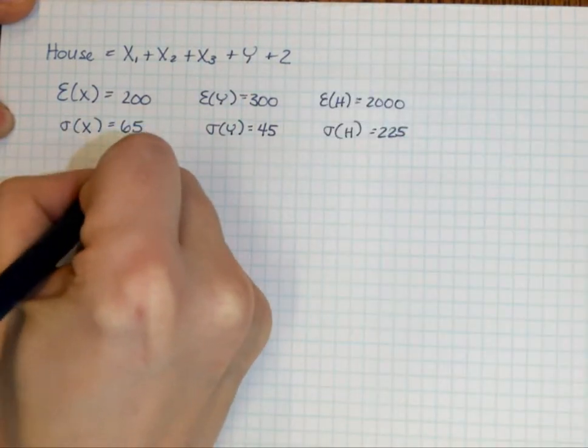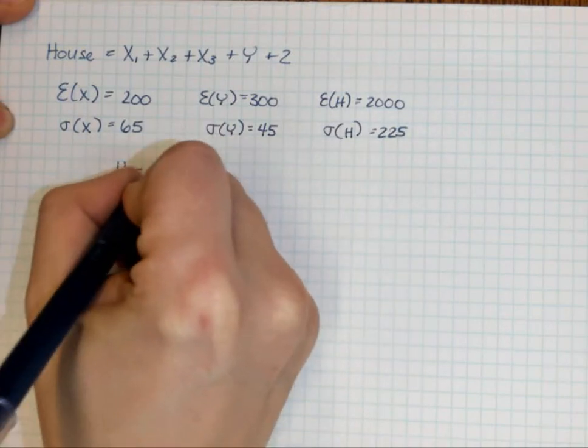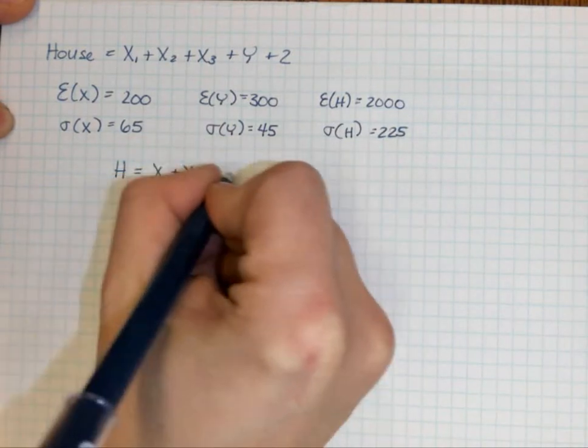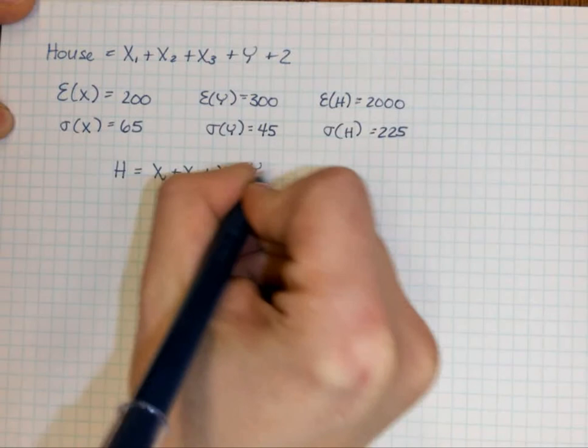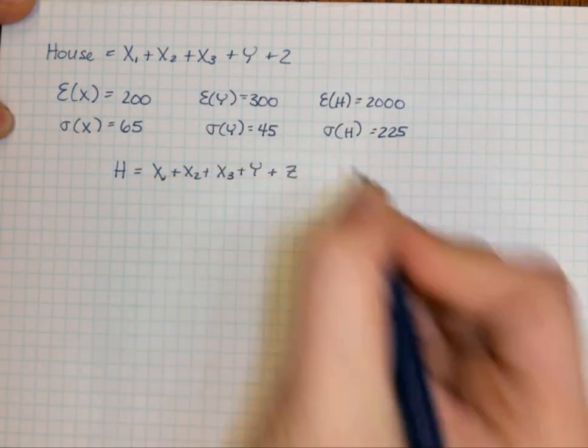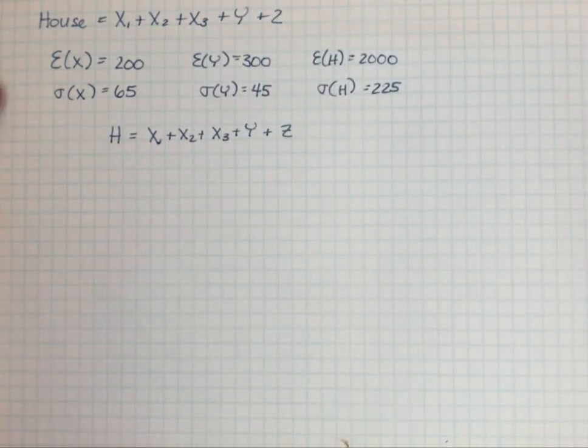And we're saying the house is made up of the 3 bedrooms, kitchen, and whatever else is there. We were able to do the expected value for that pretty easy. There's no tricks with expected value. You just kind of figure it out.